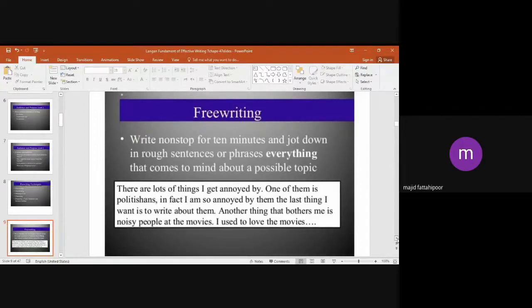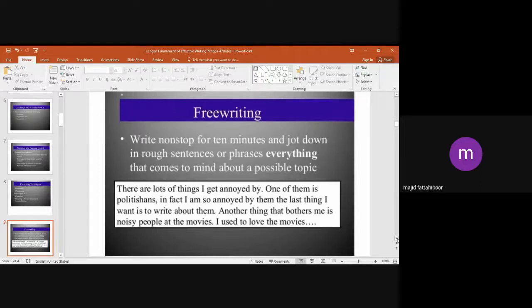You put your pen down on paper and jot down in rough sentences. Maybe they are grammatically wrong, but doesn't matter at this stage. Or you put any phrase, everything that comes to your mind about a possible topic. And when we say non-stop, that is important for this stage, because you don't have to judge yourself. At this stage, you should have a free hand and feel free to write.